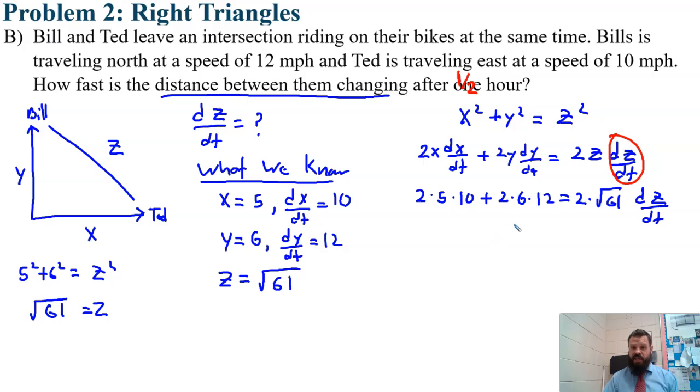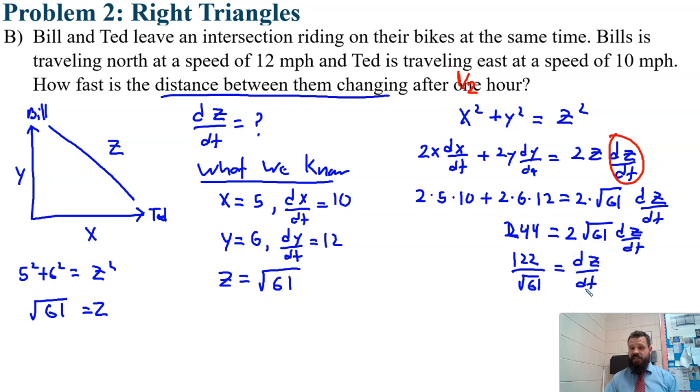Combining everything on the left, I get 244 is equal to 2 root 61 dz over dt. If I divide both sides by 2 root 61, I'd get half of the 244, which would be 122 over root 61 is equal to my dz over dt.